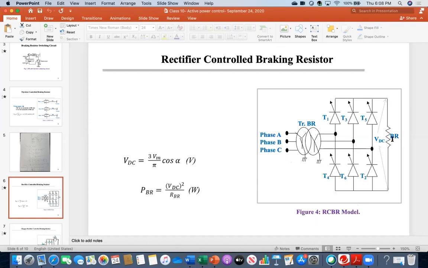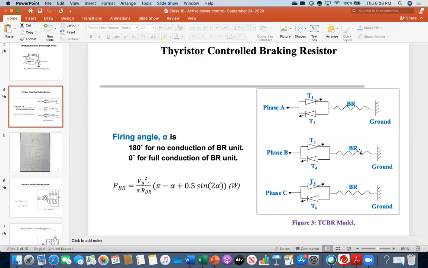You may need a huge size of resistor, but still it is cost effective and it requires less maintenance, because in real practice this is huge, like 1000 megawatt. In Oregon state, it is called the BPA, Bonneville Power Administration. I'm not sure whether you know it or not; you can Google BPA.